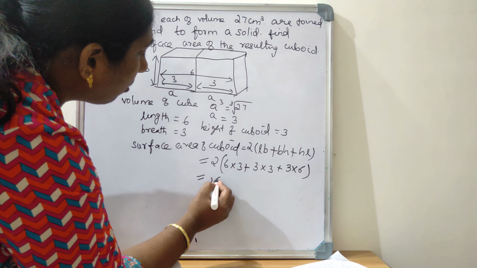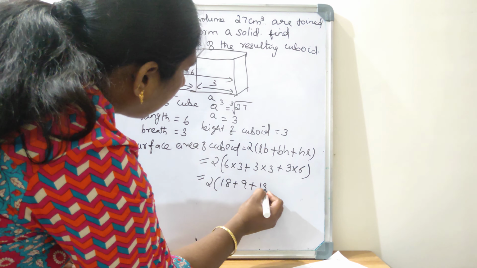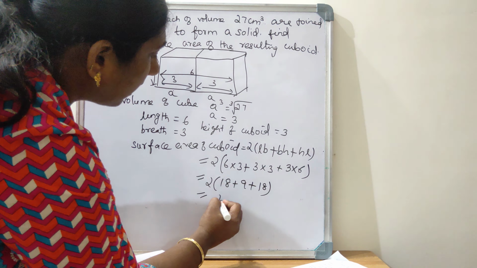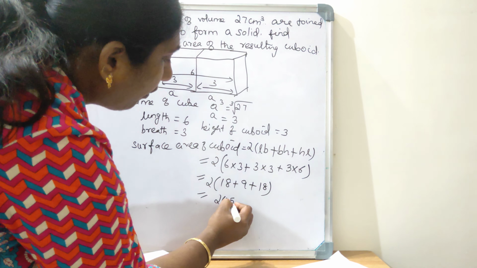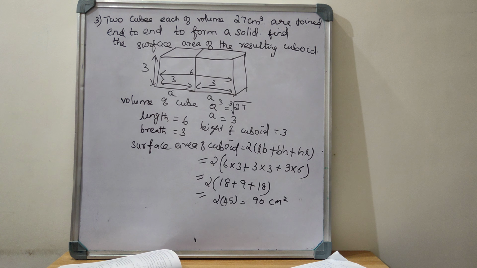So I will get 2 into 18 plus 9 plus 18. So that is nothing but 2 into 45. That is 90 centimeter square. So surface area of the cuboid is 90 centimeter square.